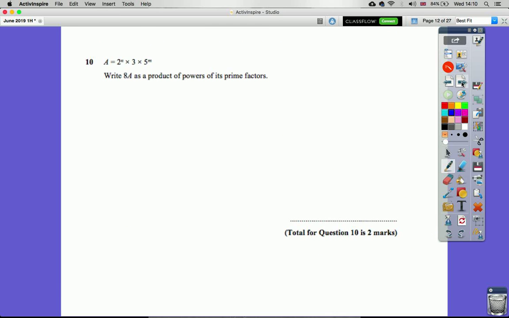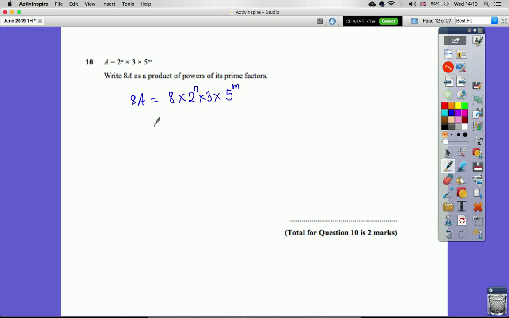Right, question number 10. It says A is 2 to the power of n times 3 times 5 to the power of m. Write 8a as a product of its prime factors. Right, so 8a is equal to 8 multiplied by 2 to the power of n times 3 times 5 to the power of m.